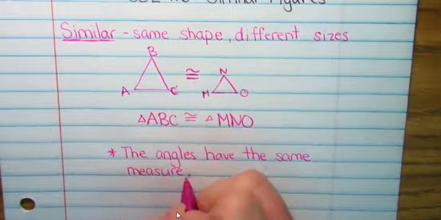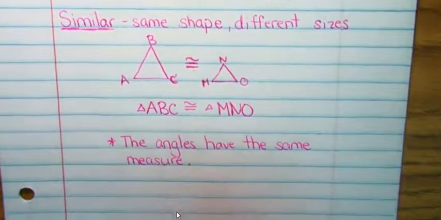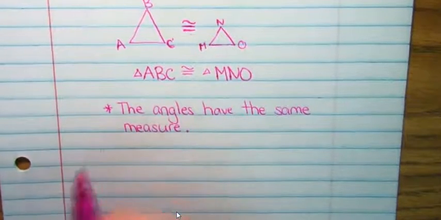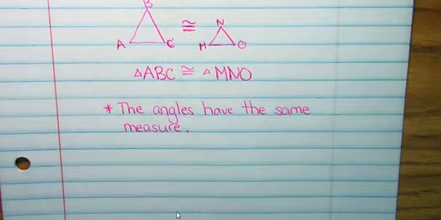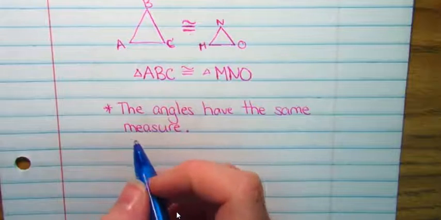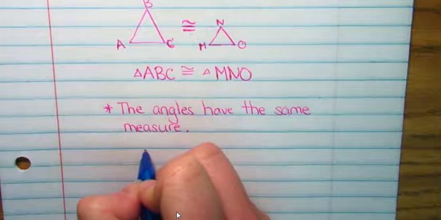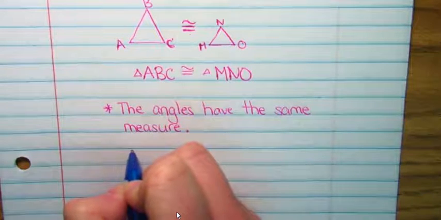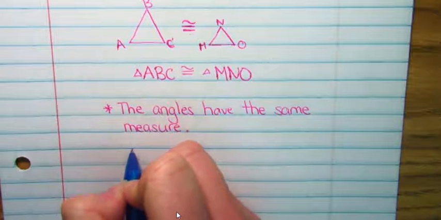And by the same measure, sometimes they will actually give us a number. So sometimes you're going to see a figure, and we'll go ahead and do a different color. Say we have the trapezoid, or we'll go back to that triangle.